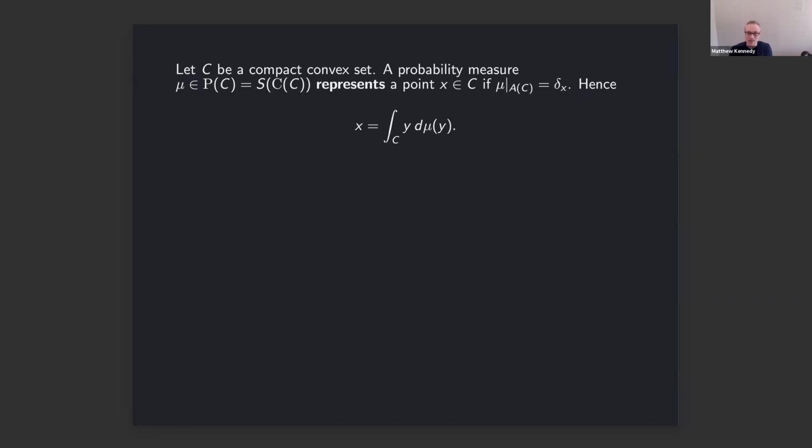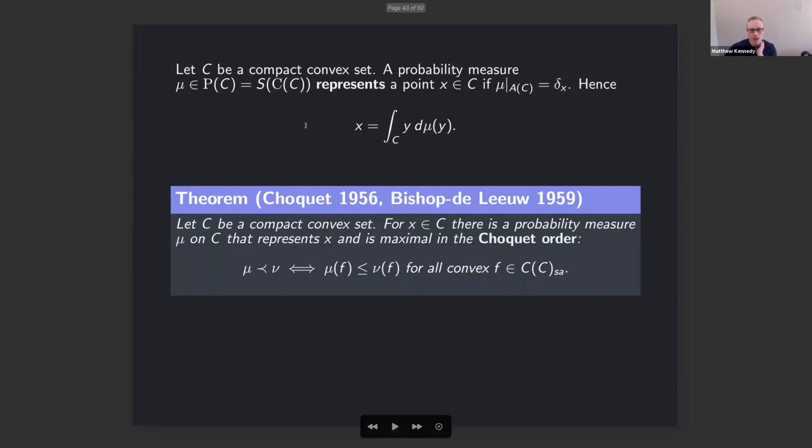We're saying x can be written as a convex combination of points in the support of this measure mu. Notice that if mu is finitely supported, this is literally just a convex combination. Choquet, Bishop and de Leeuw proved that it's always possible to find a representing measure for a point in C supported on the set of extreme points.